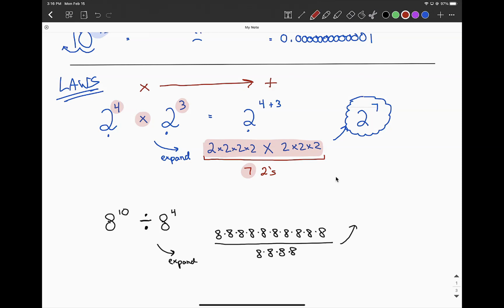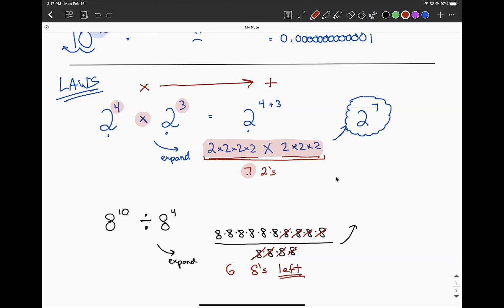The nice thing about this is that they're not going to combine and create a total of 7 like in the last one. They're going to reduce with one another, because each 8 can cancel with another 8 that's on the bottom. They don't all cancel, but it leaves only a few left. There's only 6 eighths left.